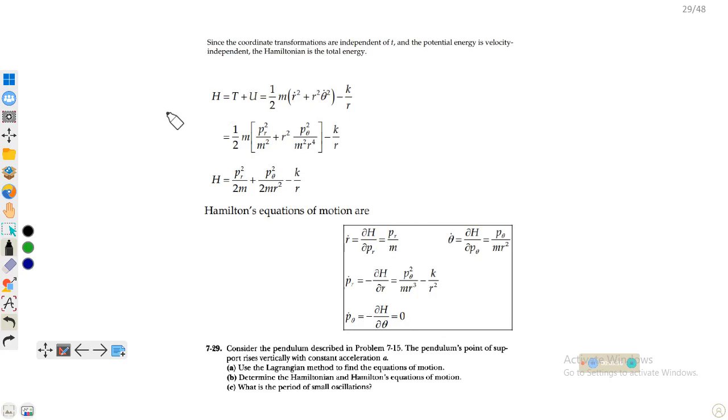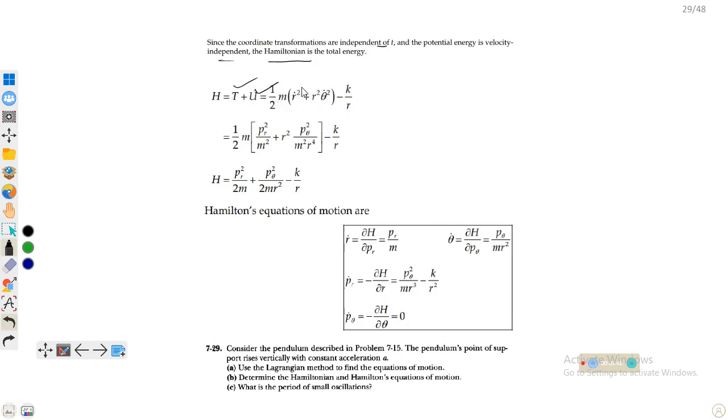When the coordinate transformations are independent of t, it means the total energy will remain conserved, and if the potential energy is velocity independent, our total energy will also remain conserved. The Hamiltonian will be equal to the total energy in this case. So the Hamiltonian is equal to T plus U, kinetic energy plus potential energy.